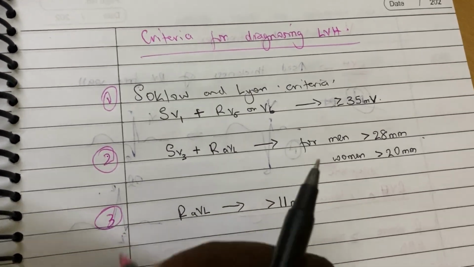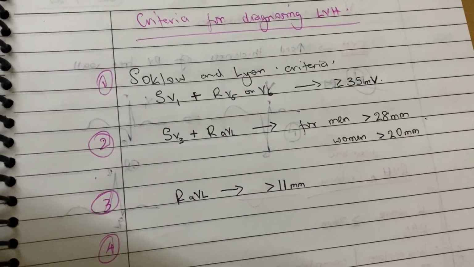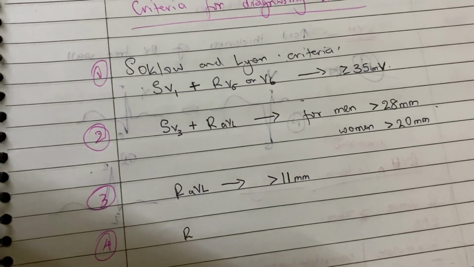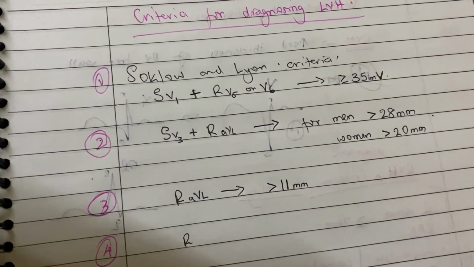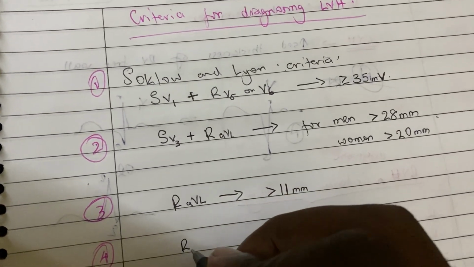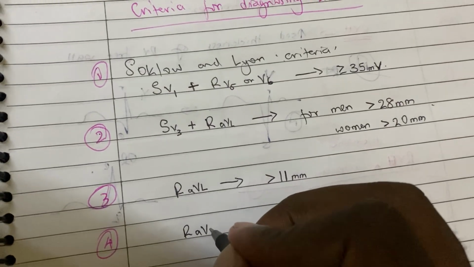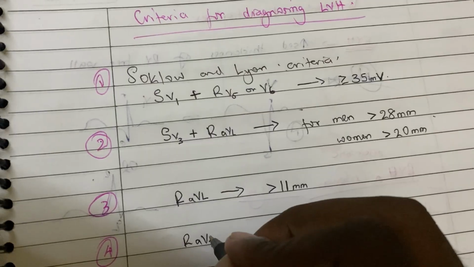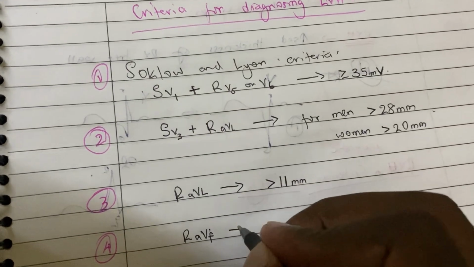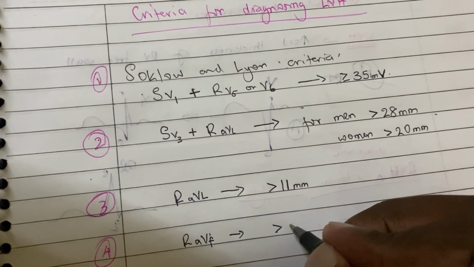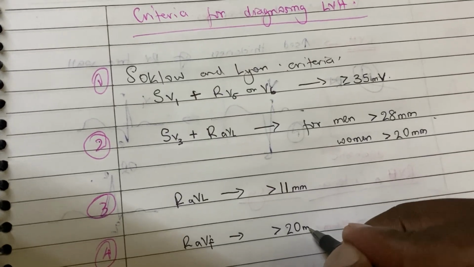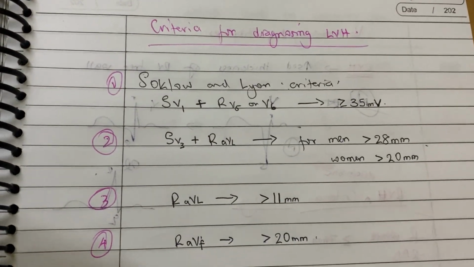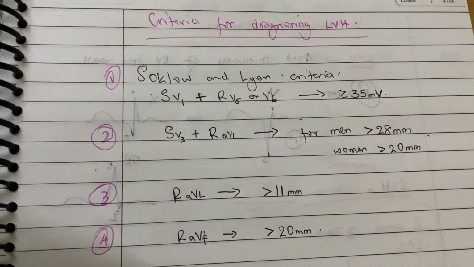The fourth one, R wave or S wave in aVF which exceeds 20 millimeters. These are criteria for LVH.